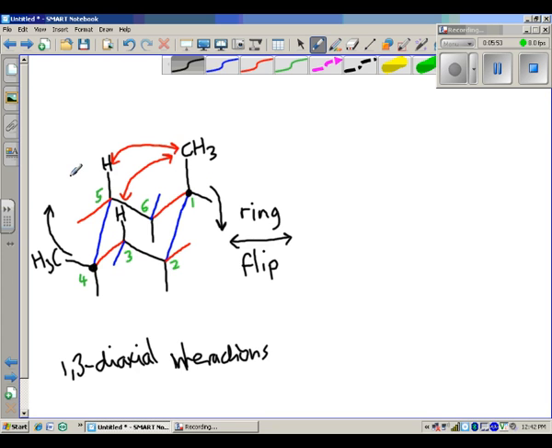Now, here's the way to draw this out. What you want to do before you put any of your substituents or anything else on it is you want to be able to draw out something that is essentially the mirror image to these 6 bonds here. Alright? So what I'm going to do is I'm going to draw out my 2 central carbon-carbon bonds, but I'm going to draw them out opposite to the way they were.